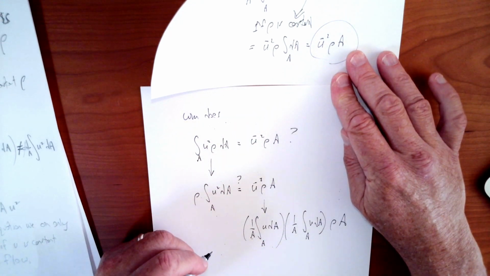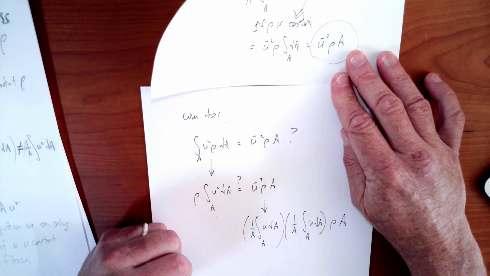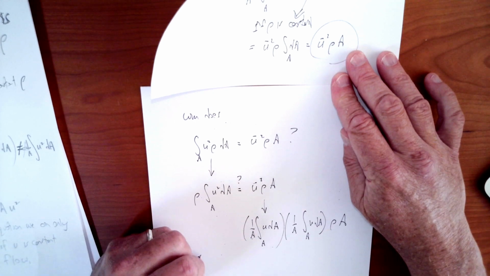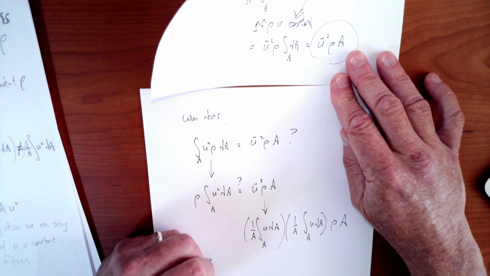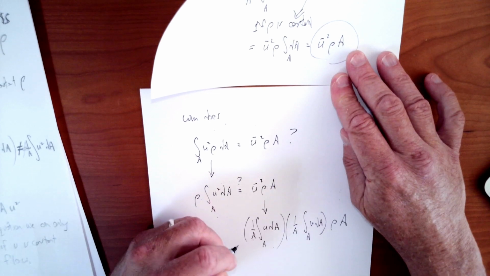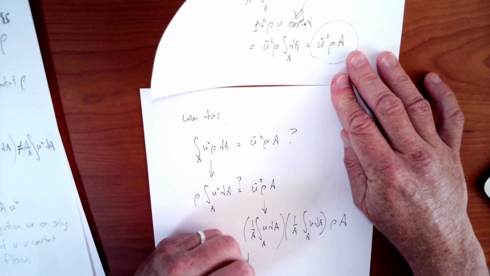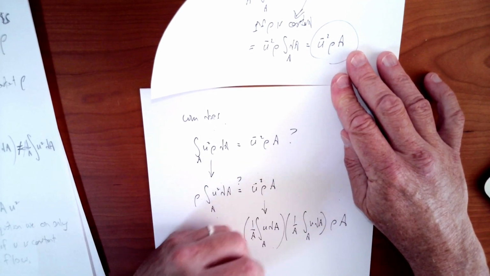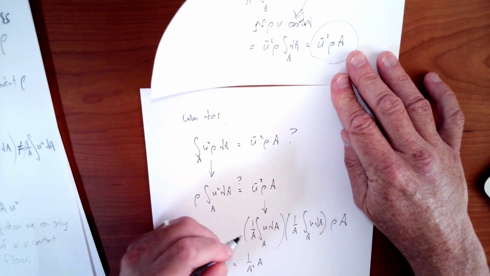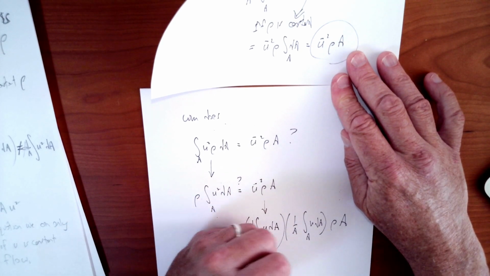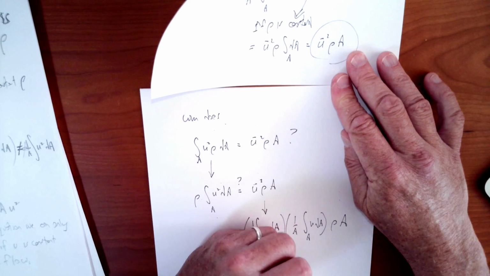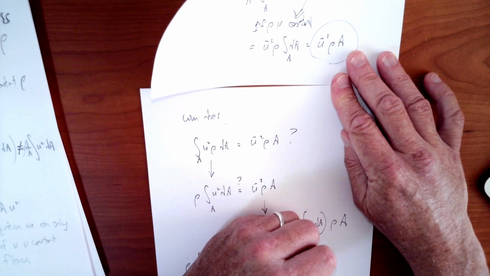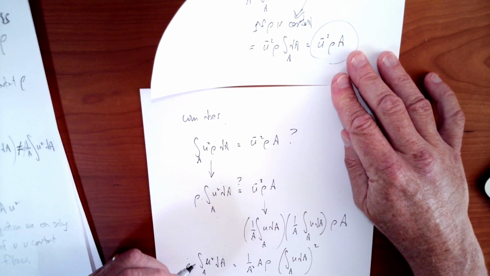Well, not really, right? So we can say this is rho integral A u squared dA. Does that equal this? Well, that's 1 over A squared times A, so we got an A here. We've got a rho, and then we've got this integral A u dA squared. And those aren't the same.